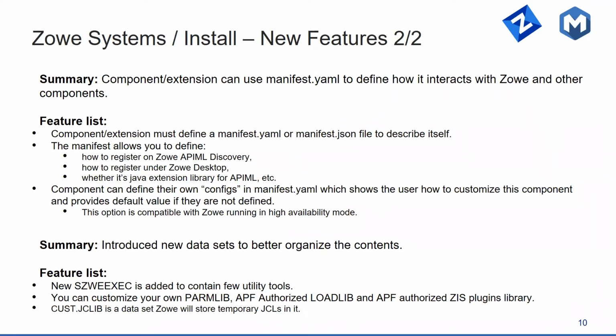You have the option to define the PARMLIB, the LOADLIB, or the JCLLIB of your zowe.yaml, and the zwe init command will prepare those data sets for you. That means your configuration, your PARMLIB members, will stay in your customized data set, and your original data set will be kept as is and will not be affected by a Zowe upgrade.